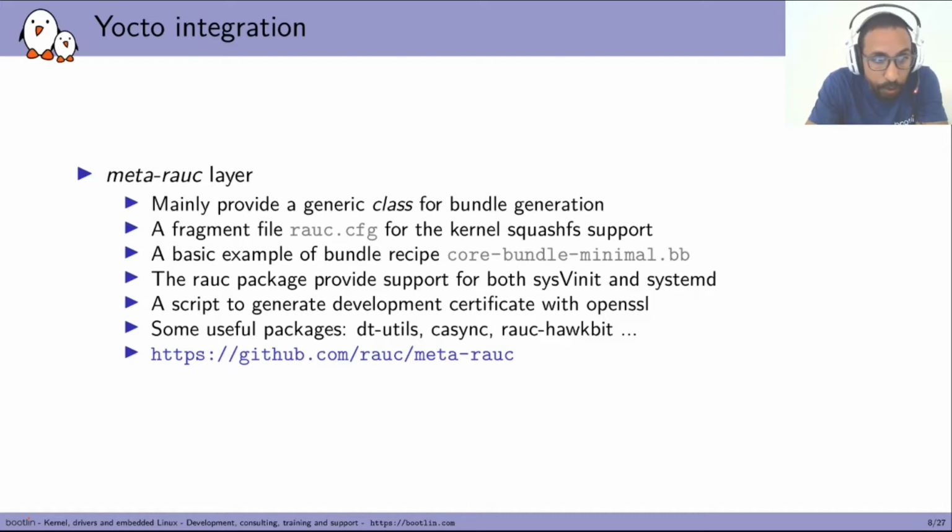You will also find of course the RAUC package itself that is actually split into two recipes. The recipe for the host installs the host tool that is used for bundle generation, and the recipe to install the RAUC tool on the target is used to manage your bundle installation.